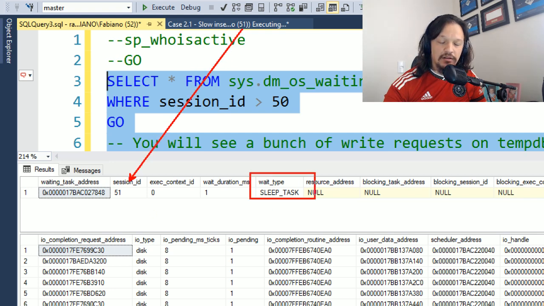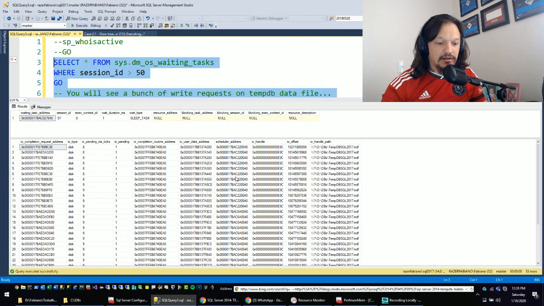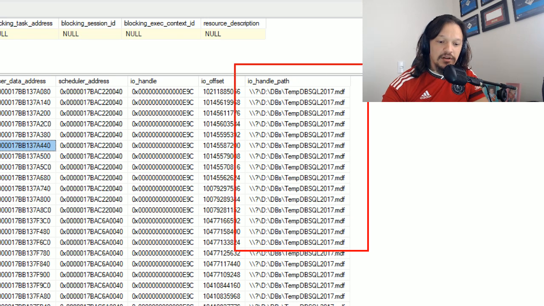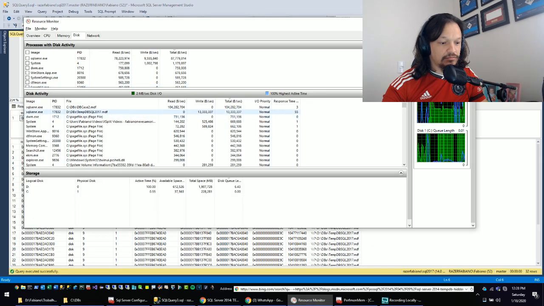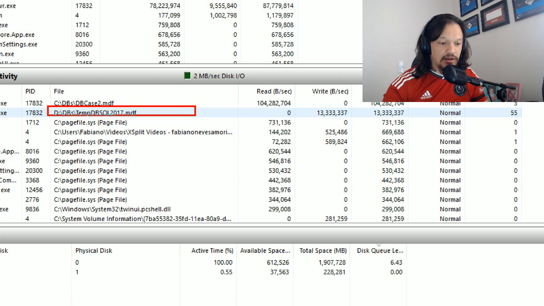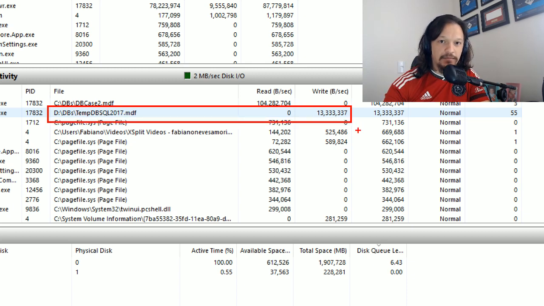It's waiting on the sleep, okay? And then look at the pending IO operations. There is a lot of IO going on in my tempdb file. Let's go to Resource Monitor here. Look at here. A lot of writes on tempdb going on in the MDF file.